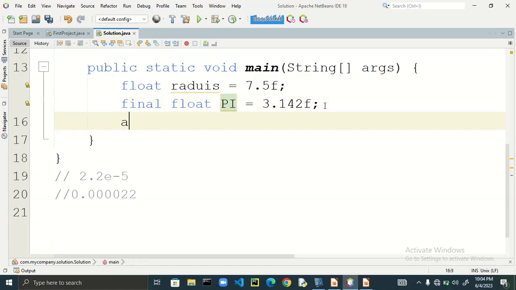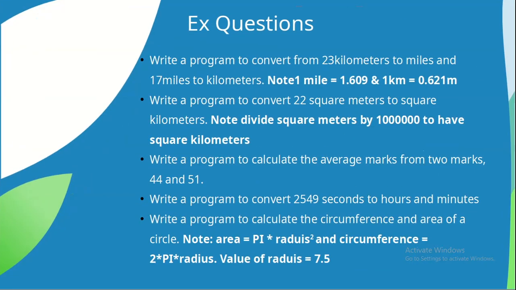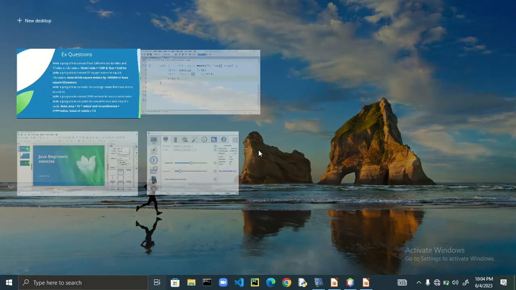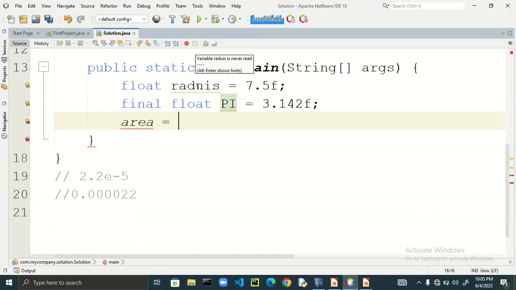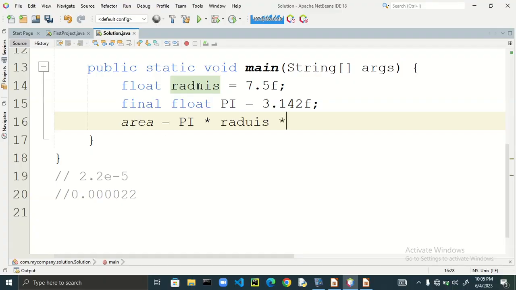So let's go ahead and find our area equal to, let's check out the formula for area again. They said area is equal to pi times radius squared. So area would be this value of pi multiplied by radius. Now radius squared is the same thing as saying radius times radius, right? So it's the same thing this way.